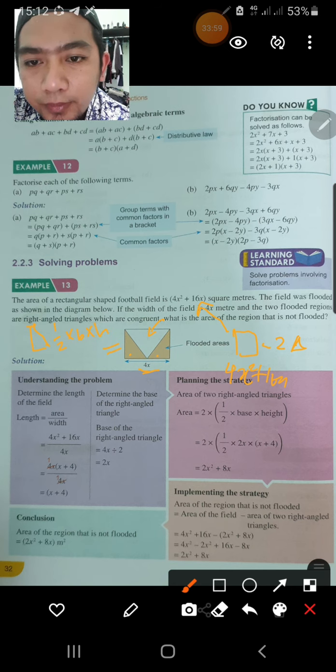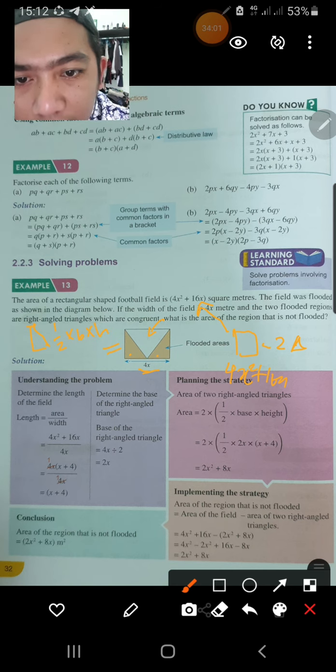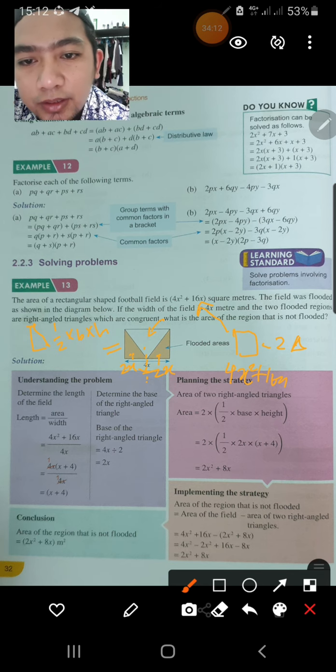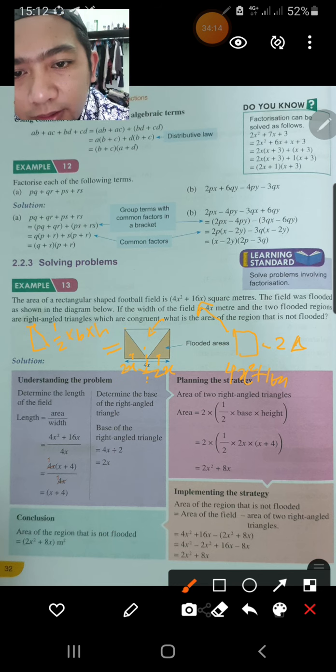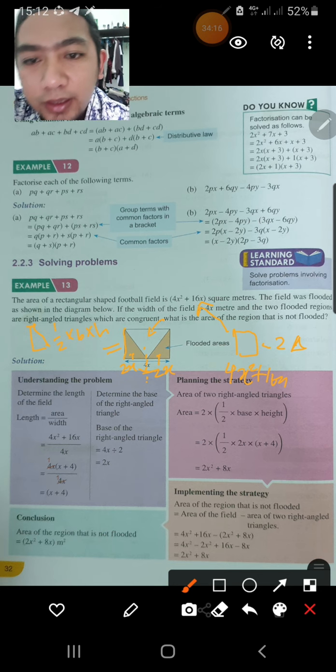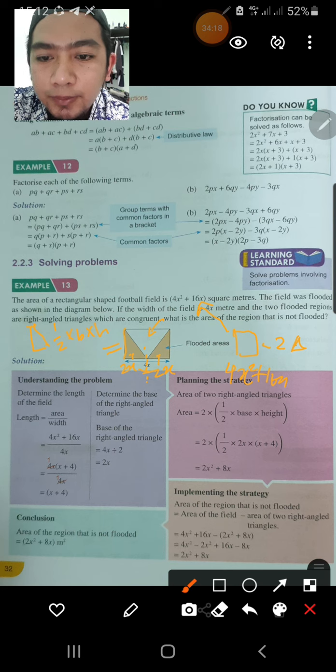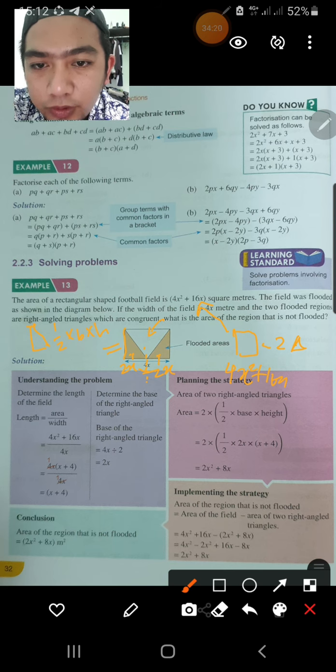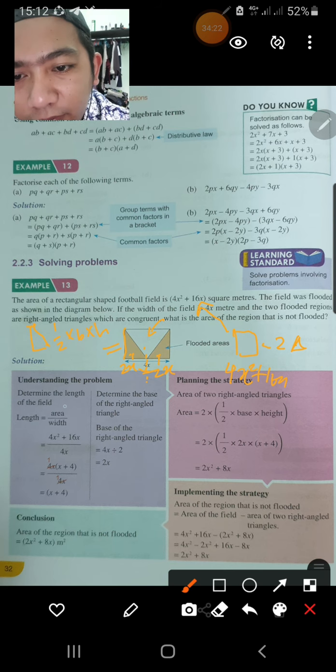Okay. So kita tengok di sini, dia punya base 4x kan. So kalau you divide by 2, di sini 2x, dia punya base, sini pun 2x. So tinggal you kena cari dia punya tinggi, panjang dia ni berapa. Alright. So untuk cari dia punya tinggi, guna ni formula sini.